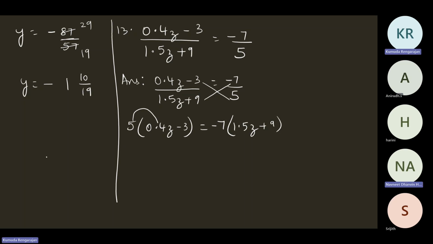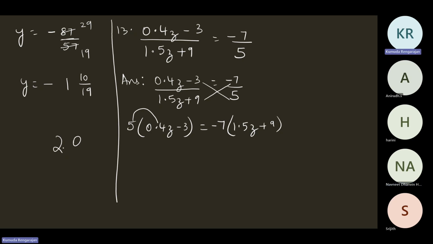Ma'am, 0.20. What is 5 fours are? 5 fours are 20. And then in the product, you need to place a decimal point.